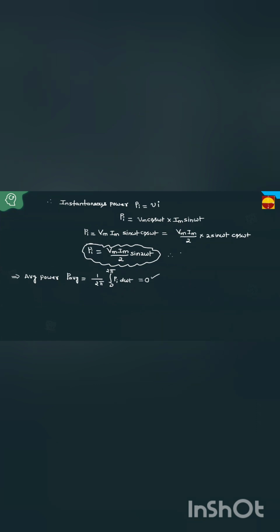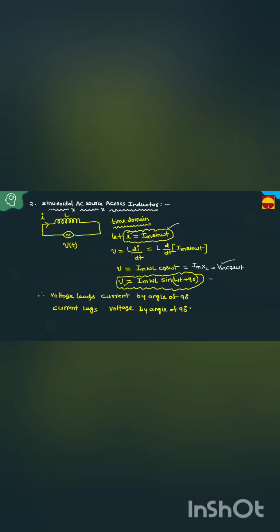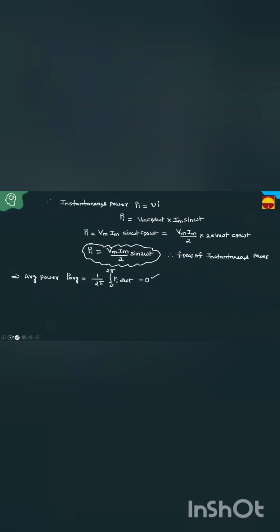What is the frequency of instantaneous power? The frequency of instantaneous power is also 2f. Because the supply is sin omega t, but here we are getting 2 omega. For a resistor, the frequency of instantaneous power is 2f, and for an inductor also it is 2f.